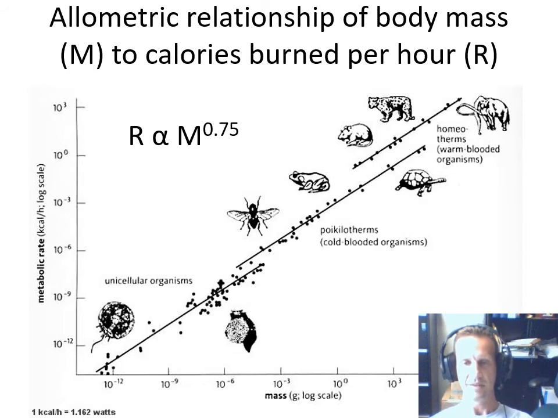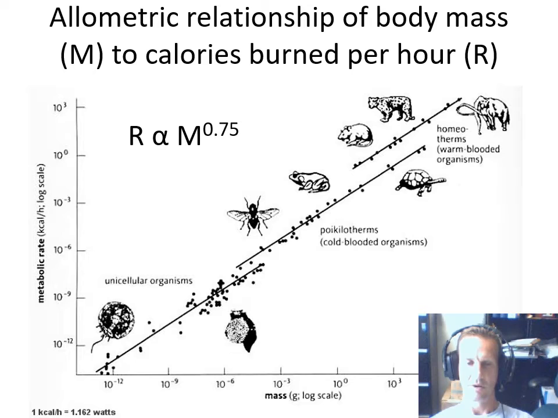So, giving an example of a really important and well-studied allometric relationship in nature, and that is the relationship of body mass, which is size, abbreviated capital M, to calories burned per hour. As you would imagine, a bigger organism burns more calories per hour. Yeah, an elephant eats more than a mouse does.